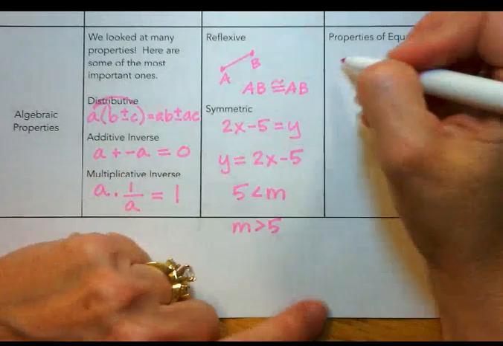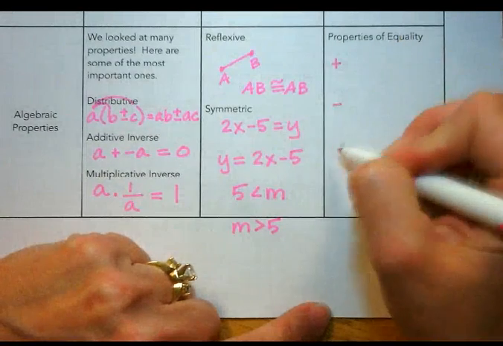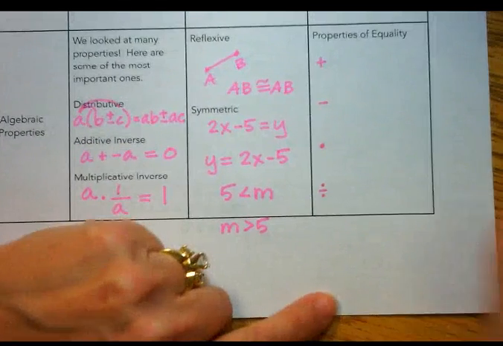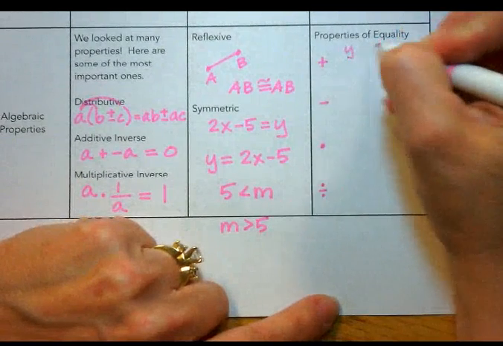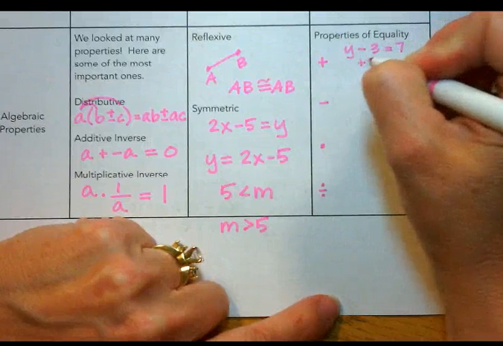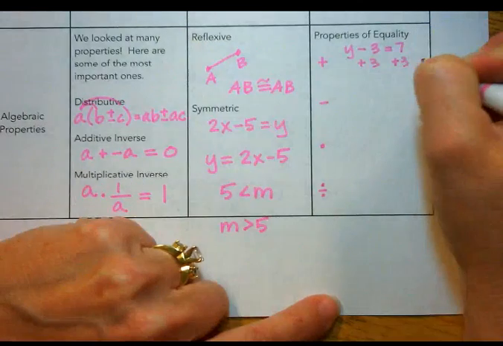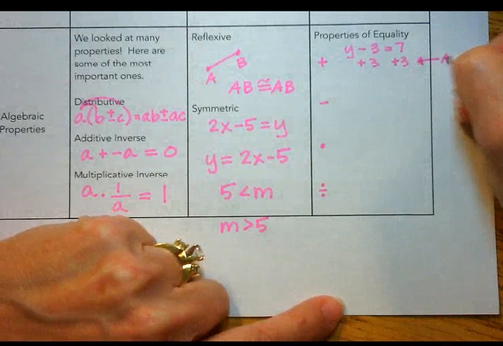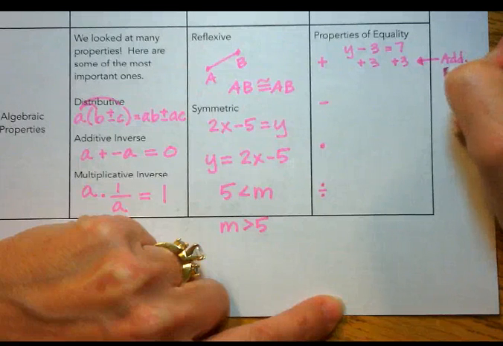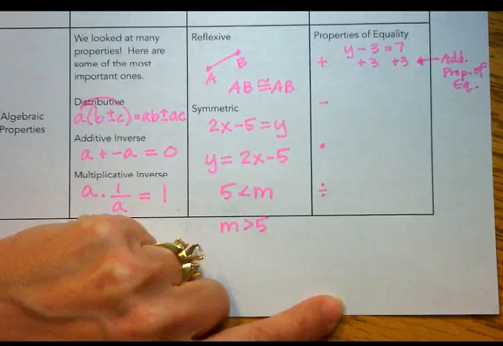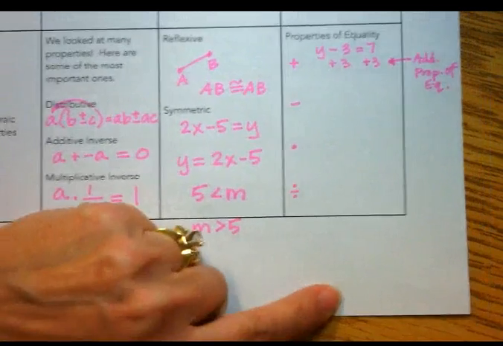Okay, properties of equalities. There's actually 4 of them. There's adding, subtracting, multiplying, and dividing. And this is what lets us solve equations. So if you had y minus 3 equals 7 and you added 3 to both sides, that's the addition property of equality because you added 3 to both sides.